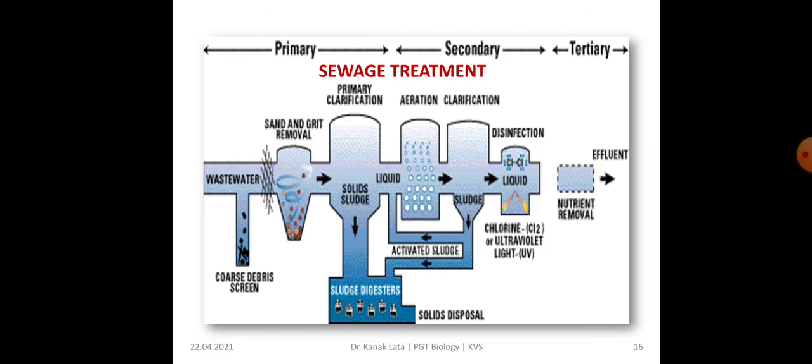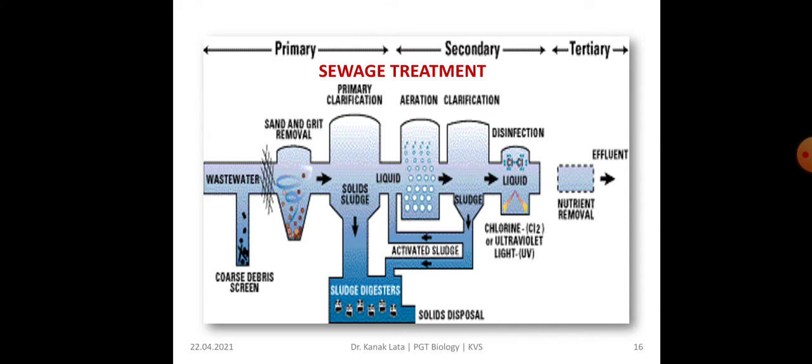This is the figure which shows how wastewater is treated, and this is called sewage treatment. It includes primary treatment, secondary treatment and tertiary treatment. Primary treatment is called physical treatment, where no microbes are used, but secondary treatment involves microbes.